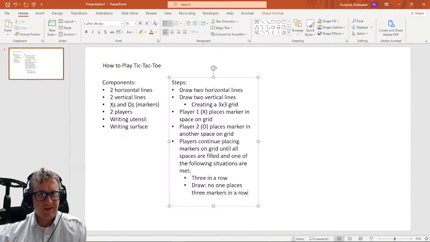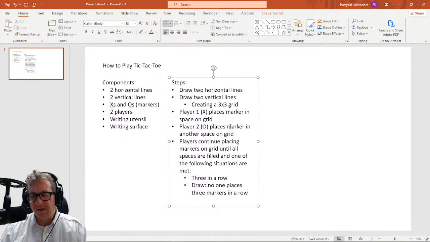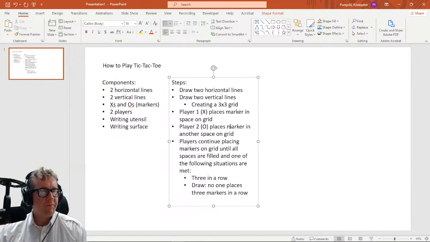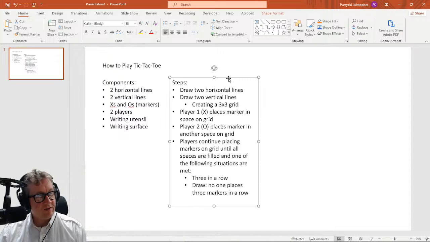All right, so I've got a simple outline of how to play, call it tic-tac-toe, right? But there's some things missing here. Whenever I'm conducting a workshop or doing something like this in class, as we start to collaborate, groups are playing tic-tac-toe and they're wondering why in the world they paid money and dedicated time to doing such silly things in a semi-organized situation, right?